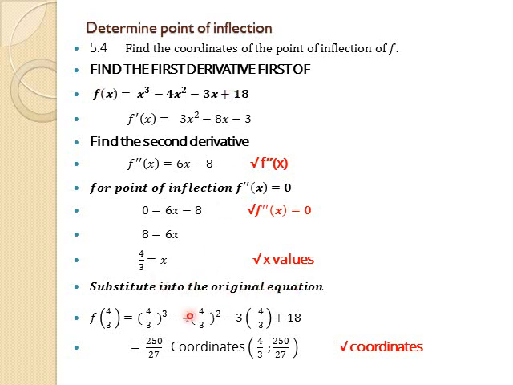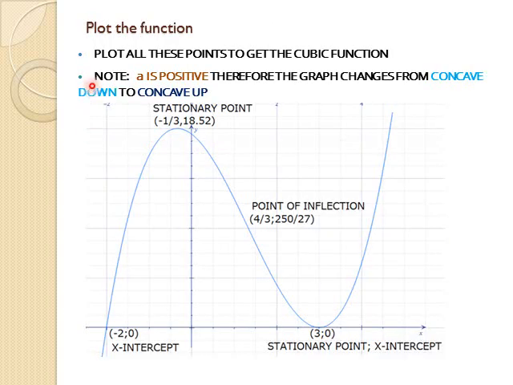So I substitute back in the original equation, 4 over 3 cubed, minus 4 times 4 over 3 squared, minus 3 times 4 over 3 plus 18. That gives me an answer of 250 over 27. So my coordinates are 4 over 3 and 250 over 27. There's your mark allocation.